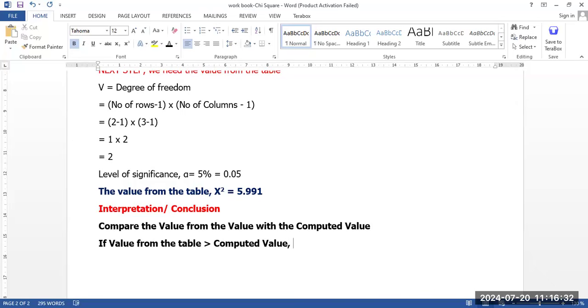Do we accept the null hypothesis, or do we accept the alternative?